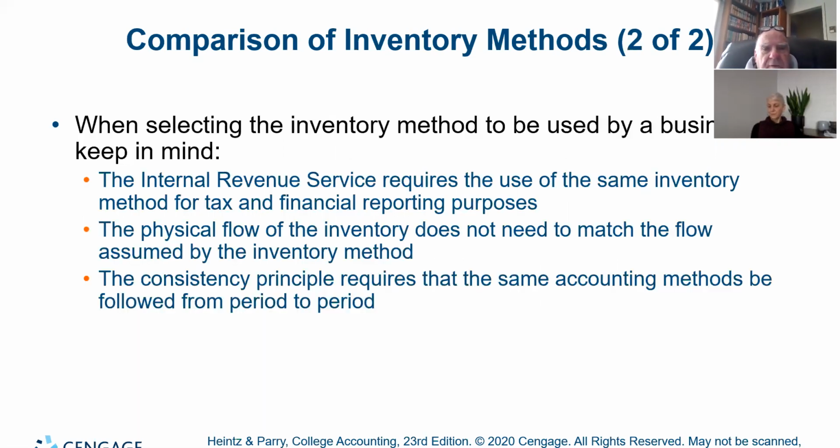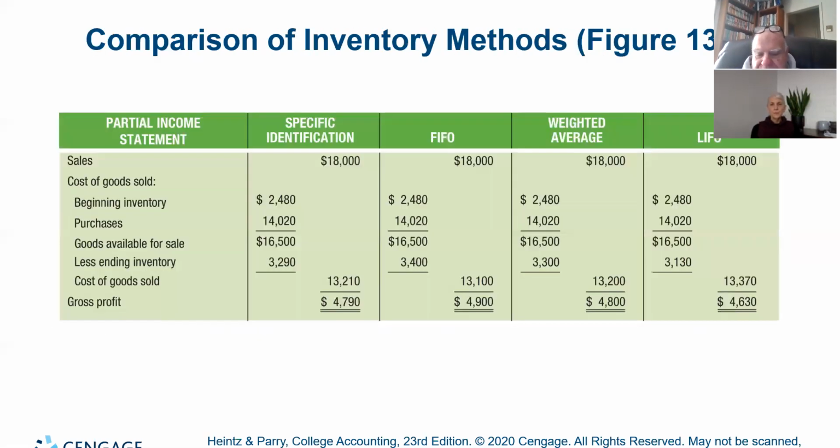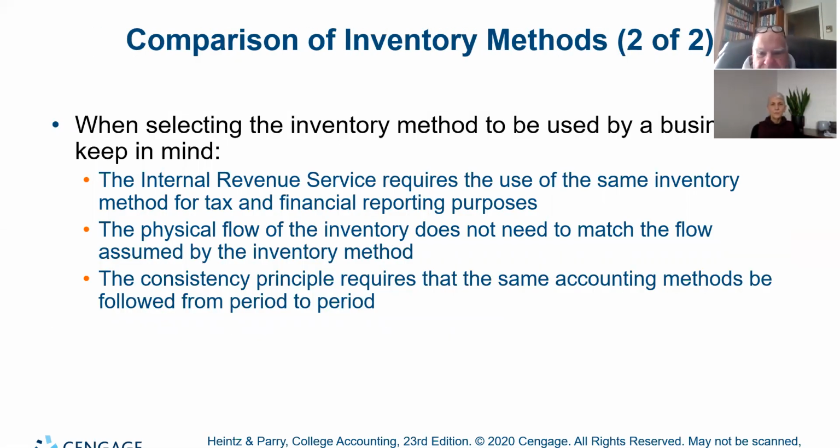Let's take another look here. When selecting the inventory method to be used, the IRS requires the use of the same method for tax and financial purposes. The physical flow, again, they want to emphasize this, has nothing to do with the assumed inventory methods. And the consistency principle requires the same accounting methods be followed from period to period.